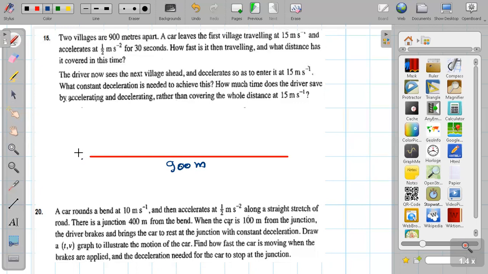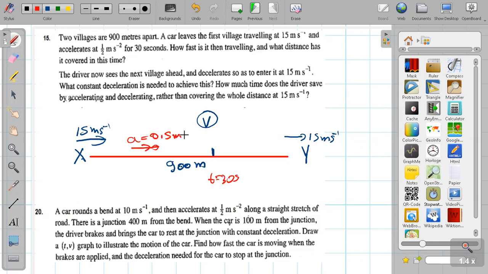If I consider one as X and the other one as Y, this guy leaves this first village at the speed of 15 m/s and again enters the other village at 15 m/s as well. By the way, for the first 30 seconds he may just accelerate to a certain unknown velocity, for some time t equals 30 seconds, under an acceleration of 0.5 m/s². This is what the results we have.